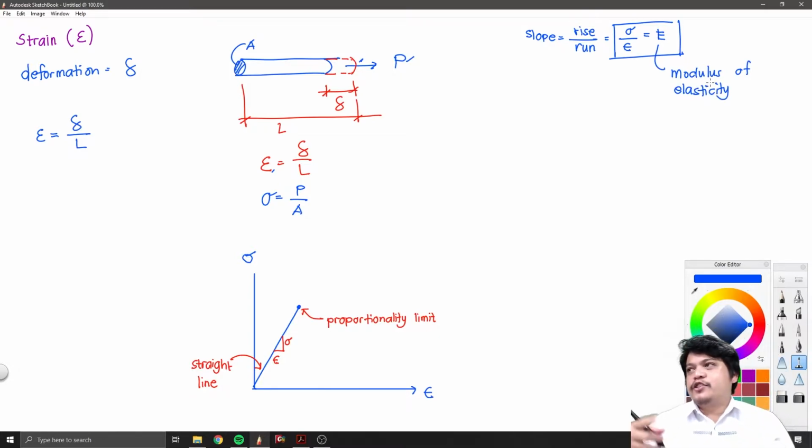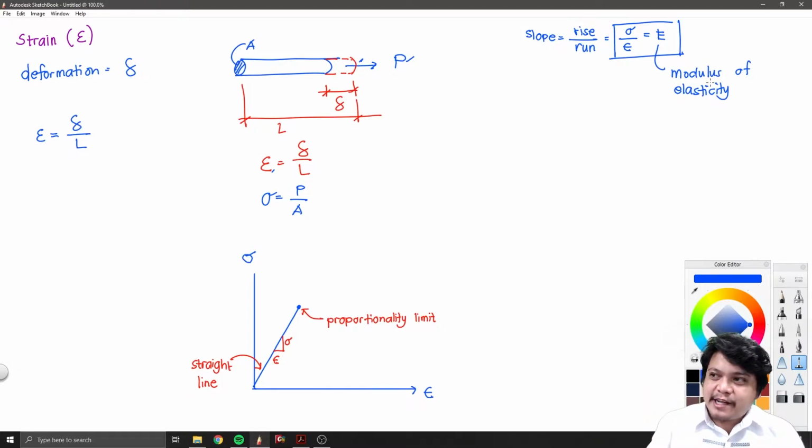So yung modulus of elasticity natin, hindi yan buong graph ng stress and strain diagram applicable. Applicable lang yan lagi dun lang sa part na merong straight line or yung tinatawag nating proportionality limit.